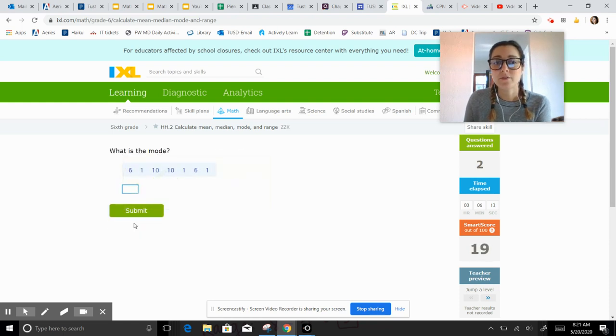So you don't have to do all of the statistical things for each problem. I just wanted to show you all 4 so that you at least got an example. So here, this is kind of tricky because we have 2 10s, 2 6s, and 3 1s. Well, 1 still occurs the most because it happens 3 times. So that would be our mode.